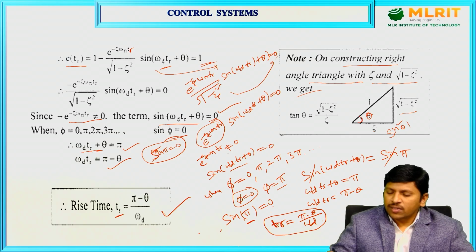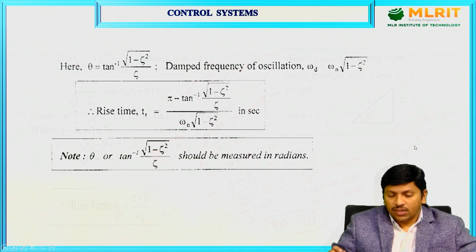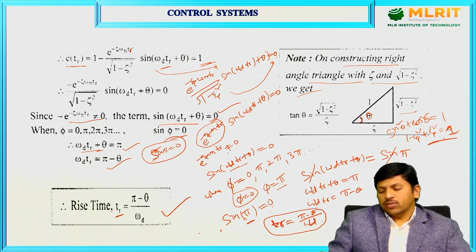Sin is opposite by hypotenuse, cos is adjacent by hypotenuse. So 1 minus zeta square plus zeta square gives 1. So this is correct: sin square theta plus cos square theta equals 1.